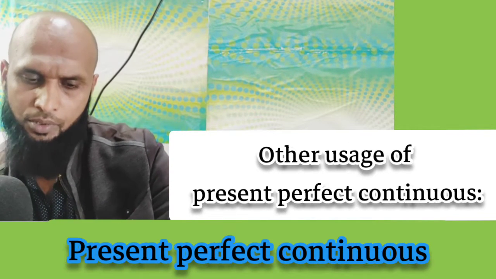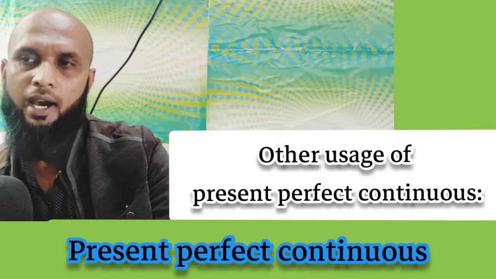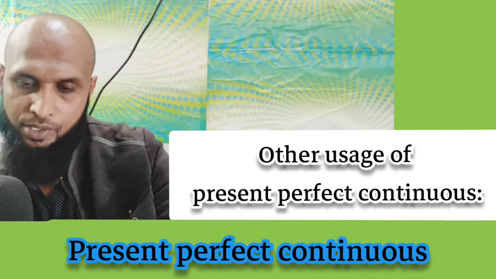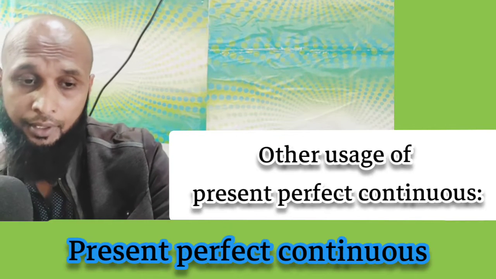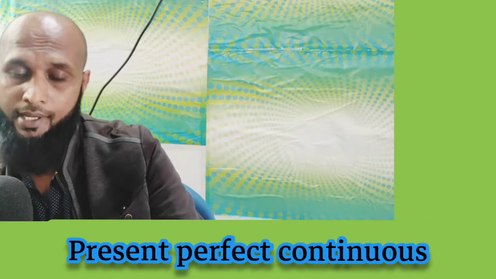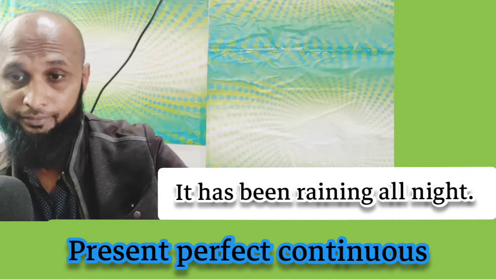We'll go to this usage, but before that, let me give you a situation here. Assume that you got up at 6 o'clock in the morning and you opened the window and you see outside. You start looking outside and you see that the ground is wet, the sun is shining. Now you can say that, oh, it has been raining all night, right?